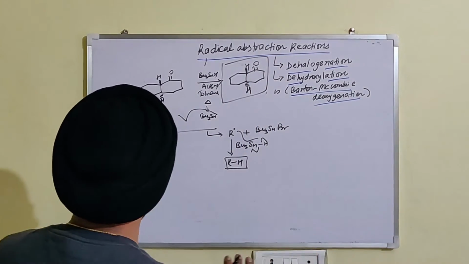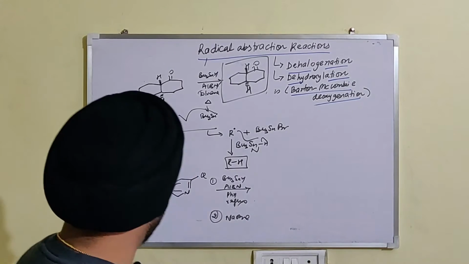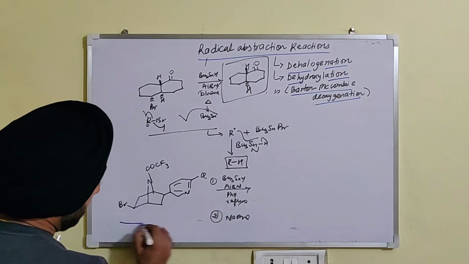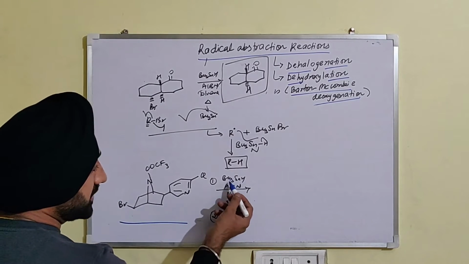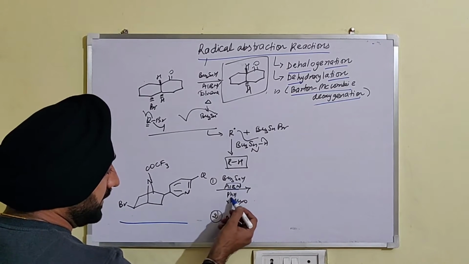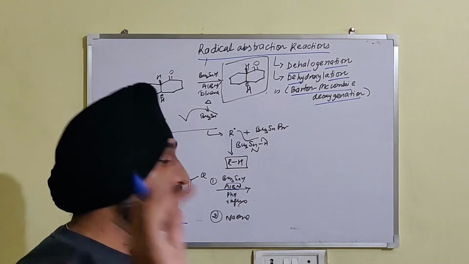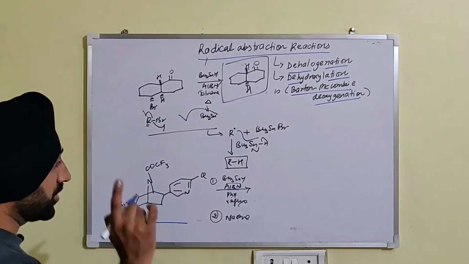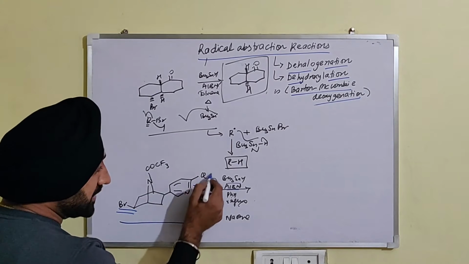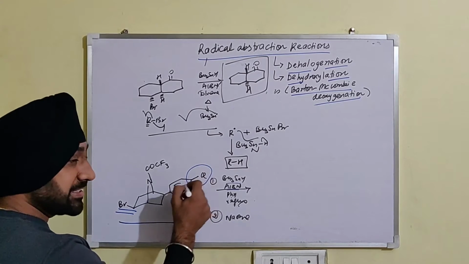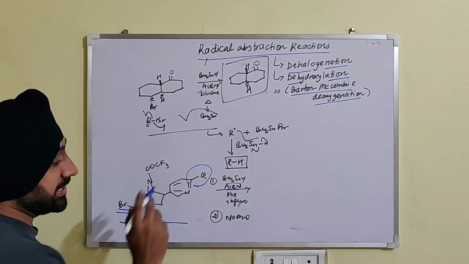Now let us take one more example. We are given this particular molecule. In the first step, we are treating this with tributyl tin hydride, AIBN, and toluene. Let us look at what groups we have in the molecule. We have this alkyl bromide, this aromatic halide, which is an aryl halide, and we have the COCF3.